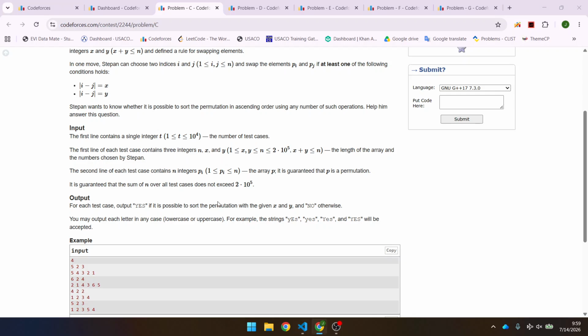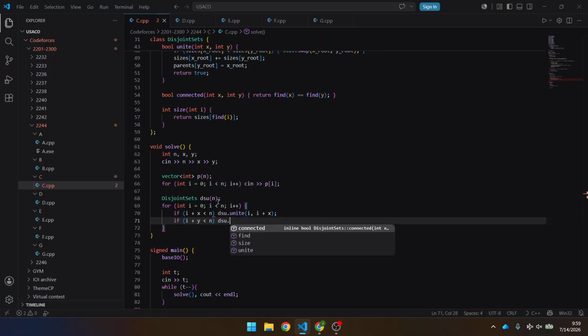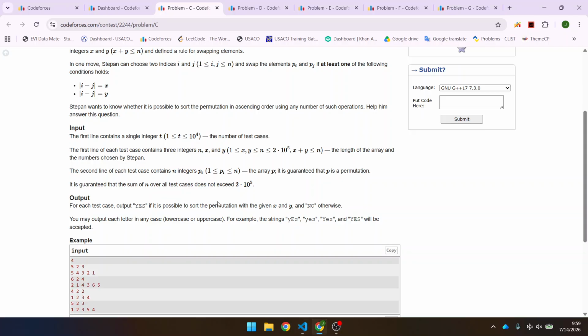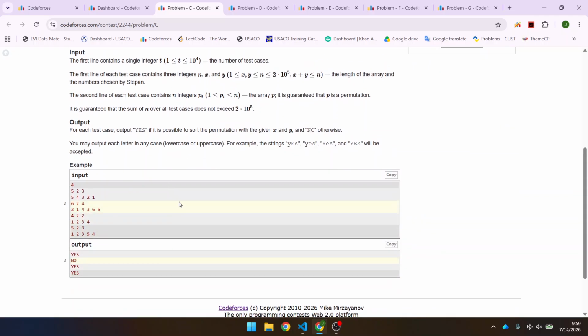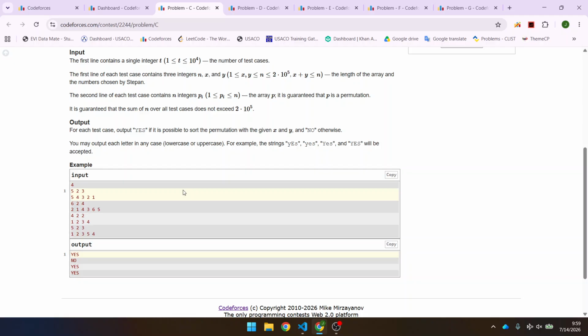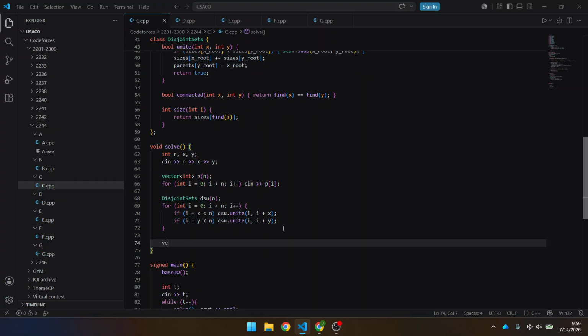If i plus y is less than n, DSU dot unite i, i plus y. Okay. So for every index we have, so 1, 3, 5, and 2, 4. Okay.